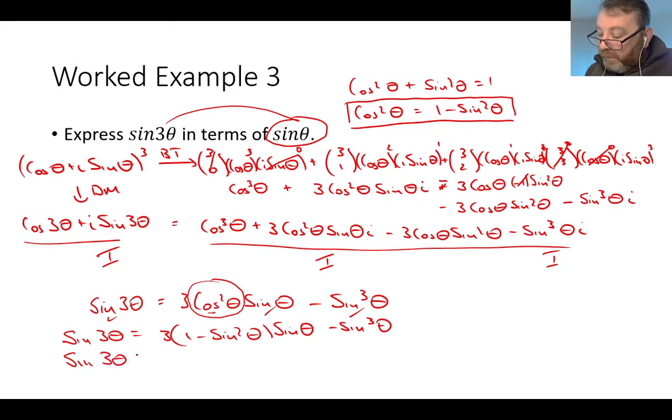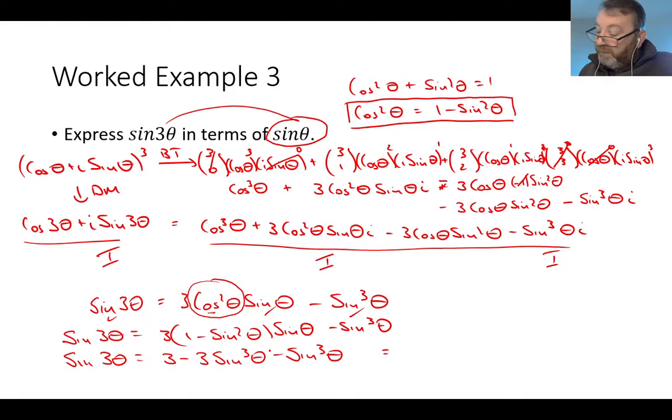Sine 3 theta equals 3 sine theta, minus 3 sine cubed theta. Why? Because look, 3 times sine squared theta is 3 sine squared theta, but then you're multiplying it by sine theta again. So it's minus 3 sine cubed theta minus a sine cubed theta.